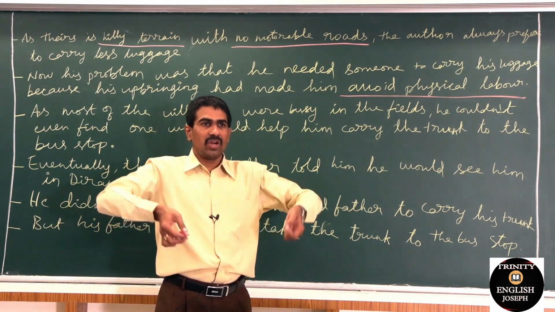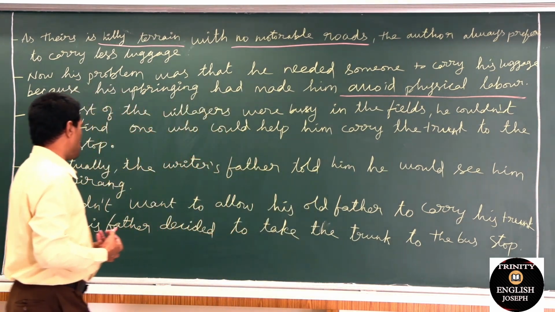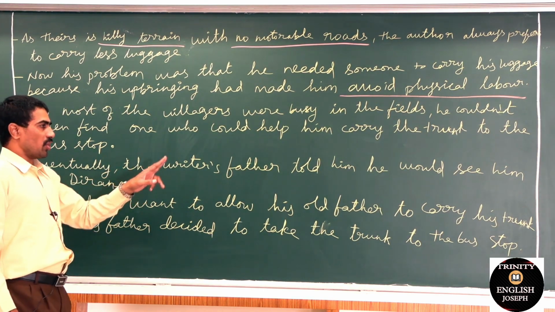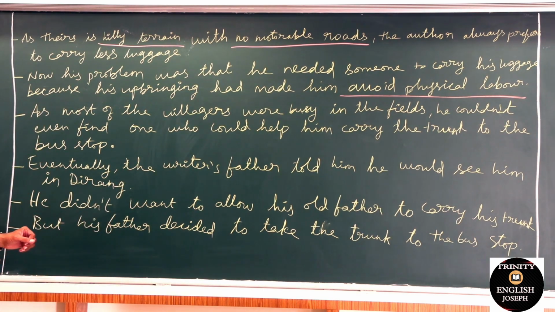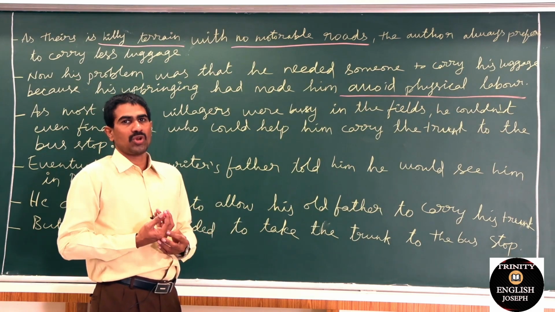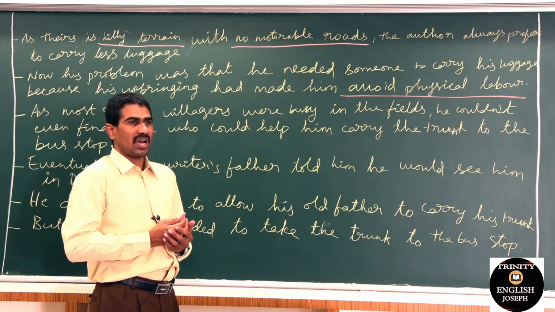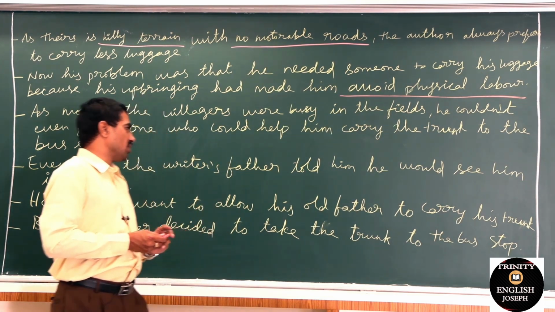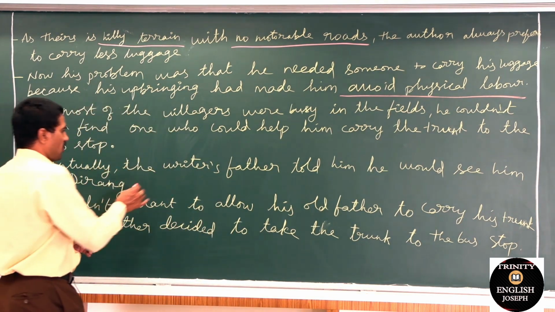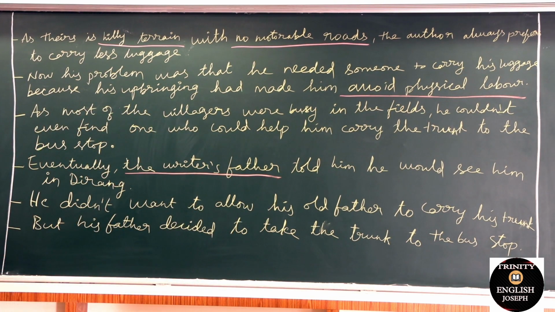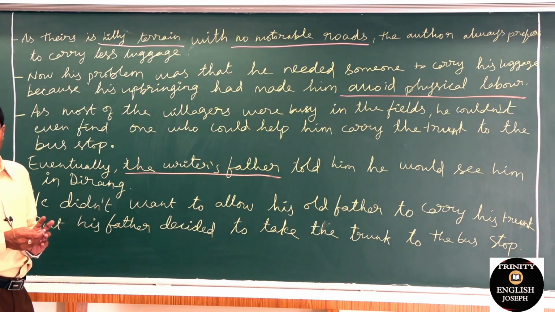So he did not get anyone to carry his luggage, and eventually the writer's father told him he would see him off at Dirang. So at last, after so much discussion and so many problems, the writer's father came up with a solution, saying, I would see you off at Dirang.